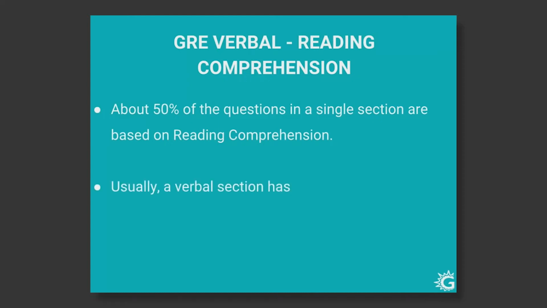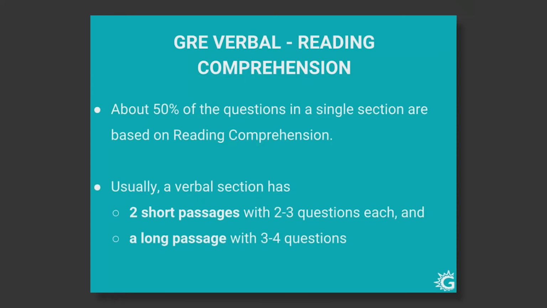And in a verbal section, to get an idea of how many reading comprehension questions you can expect to encounter, you would probably see within one section 2 short passages with about 2 to 3 questions each, and along with that, 1 long passage with about 3 to 4 questions.